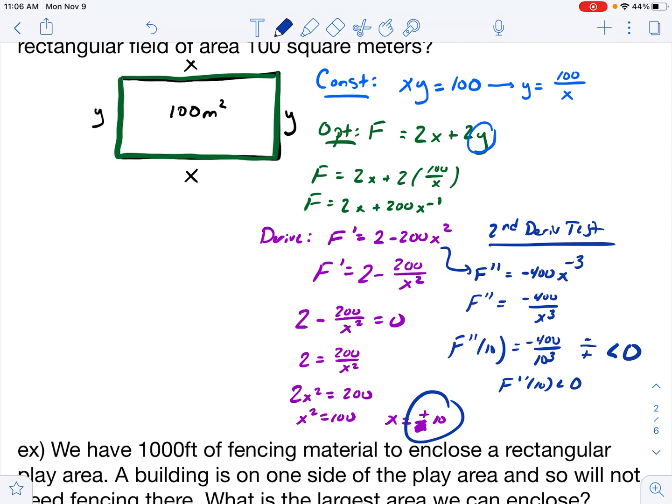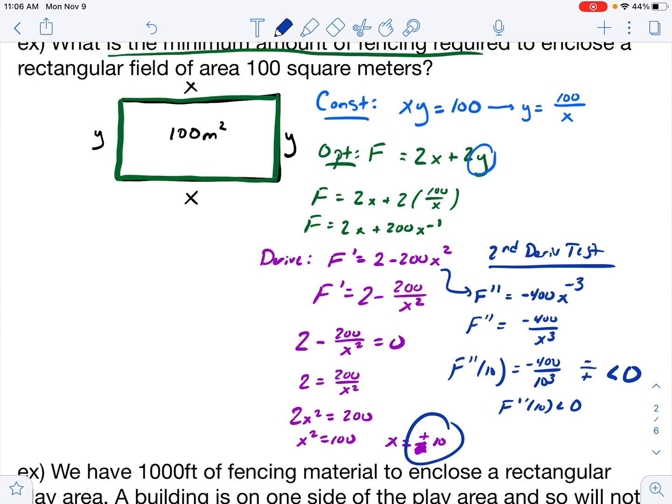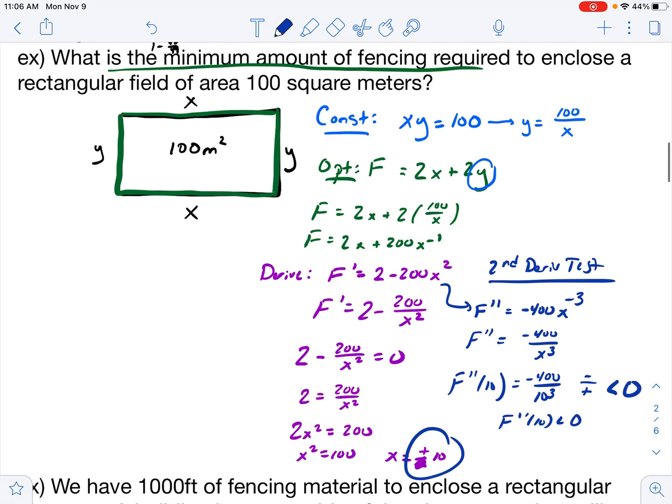Negative 400x to the negative third looks good, right? Well, boy. Bear with me just for a second here, folks. For some reason, I'm having a brain fart. I know the x value's good. It should be coming back a min, though.